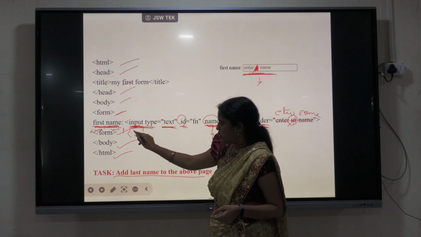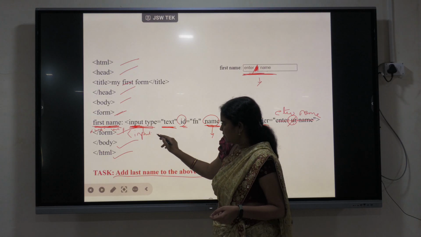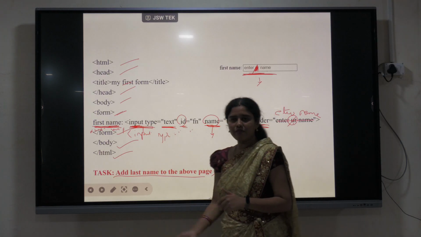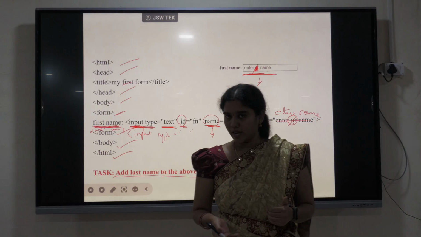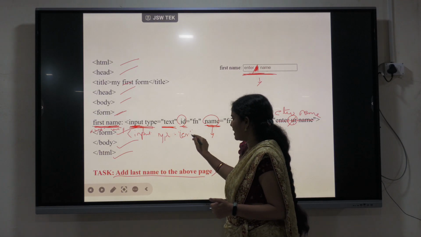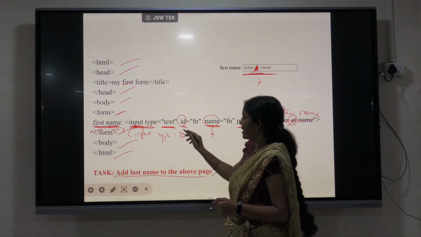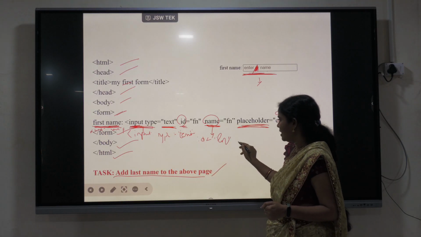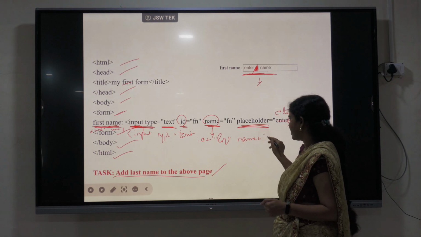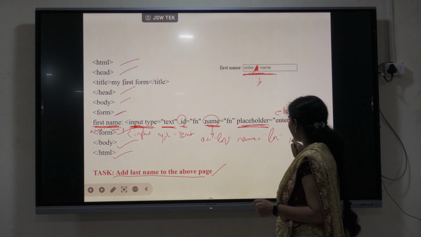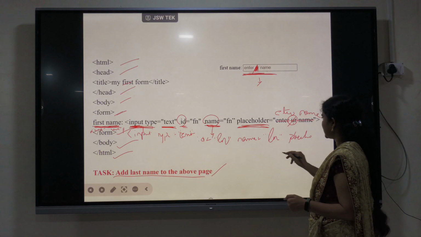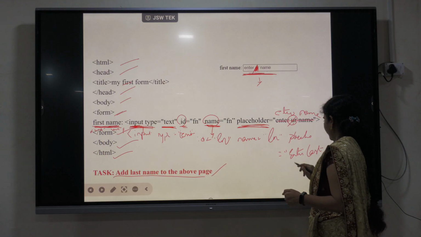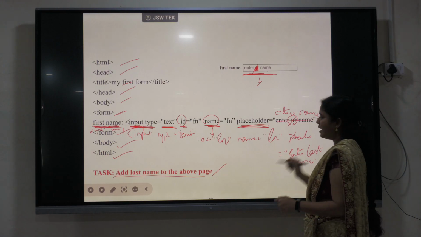Now again opening of input, type is equals to, within the double quotes, last name will also be a text again, right? So text. Okay, giving some ID to this, ID is equals to ln, name is equals to ln, and placeholder is equals to enter last name.